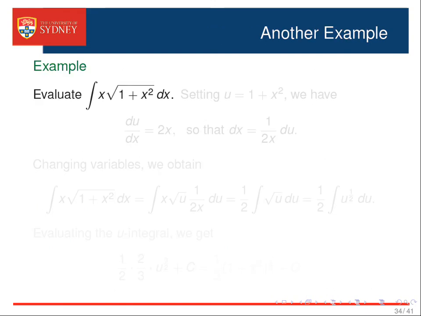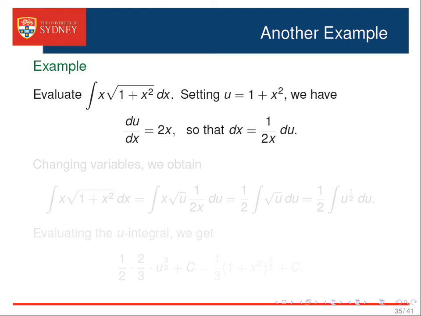Here's another example. Consider the following integral. Since the composite function within the integrand is the square root of 1 plus x squared, we therefore set u to be its inner function, 1 plus x squared. Differentiating u with respect to x, we then make dx the subject.